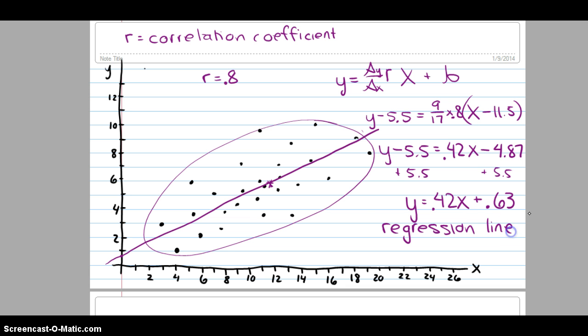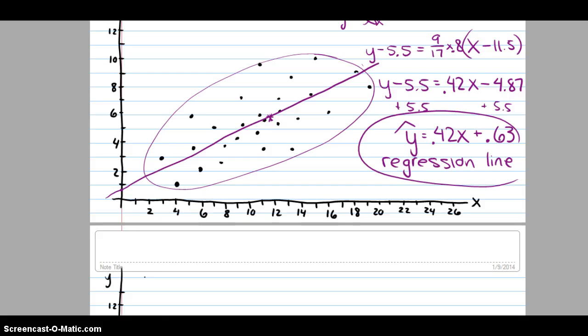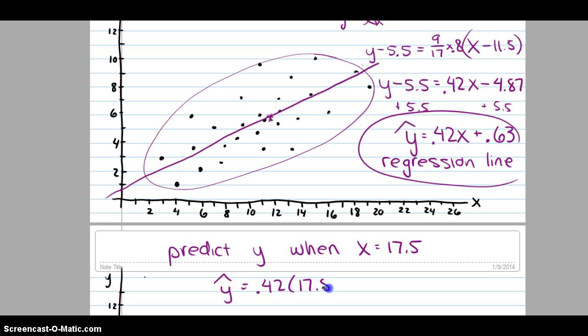Now, we usually mark a regression line with y hat. And if I wanted to predict y when x is 17.5, I would do y hat equals 0.42 times 17.5 plus 0.63.